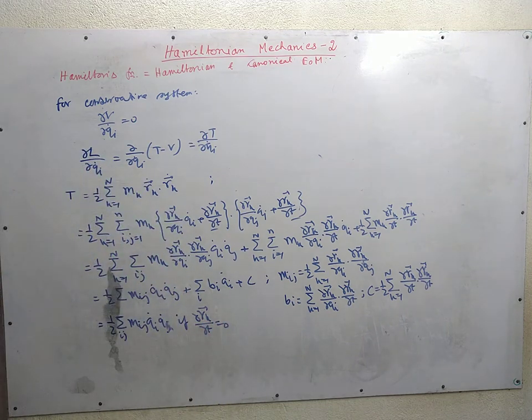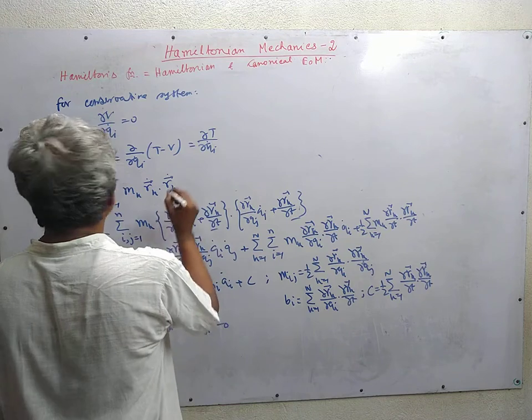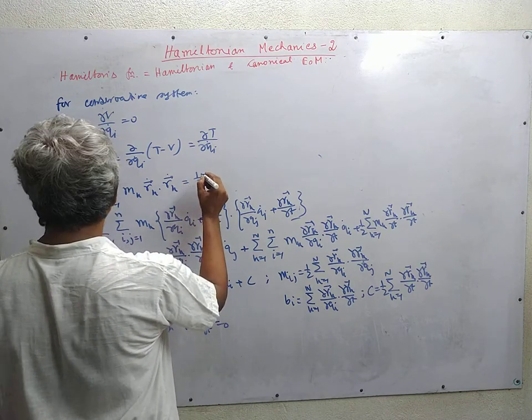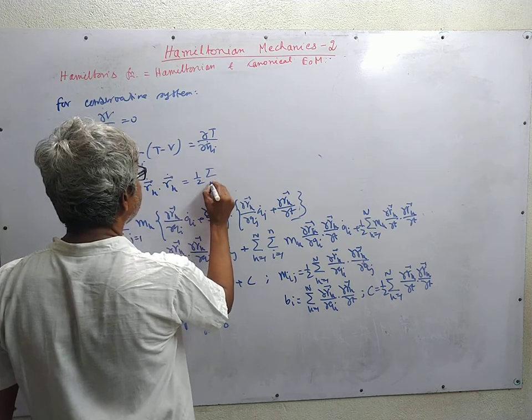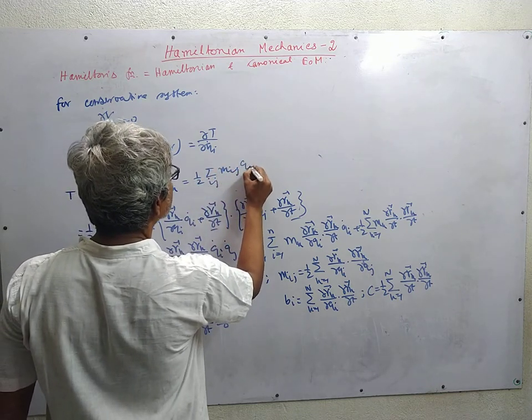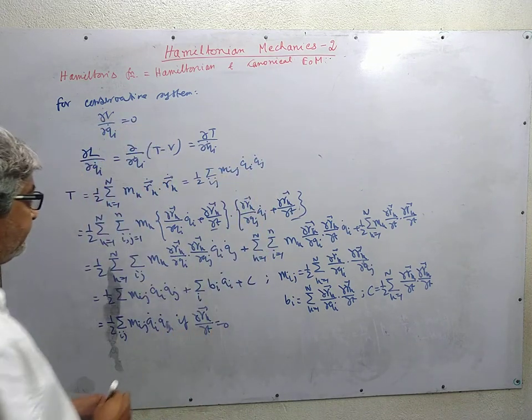So in which case, the transformation equation does not contain time explicitly, and the kinetic energy is a quadratic function of generalized velocities Qj dot.